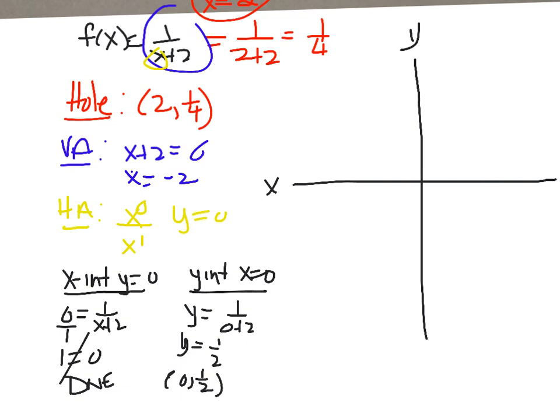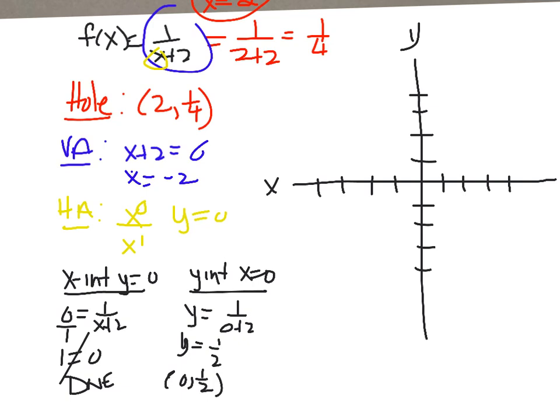Okay, so let's start with the hole. We have 2. Sorry, I'm just putting some tick marks on here. All right, so we have 2, 1/4. So it's 2 and then up a little bit for 1/4. And that's a hole, so I should not be making that a solid circle.